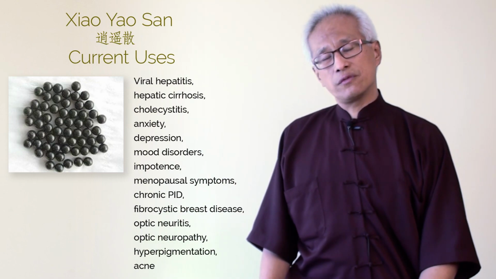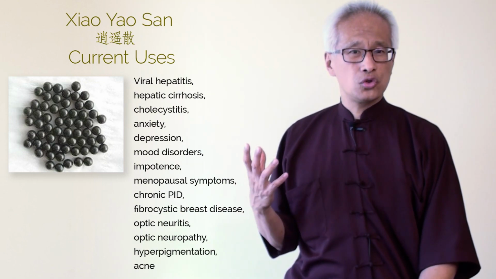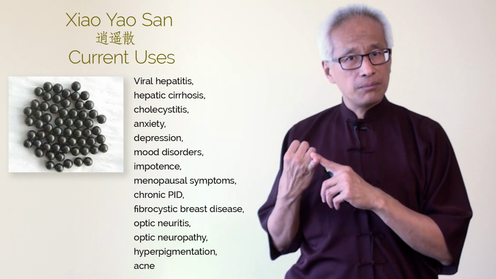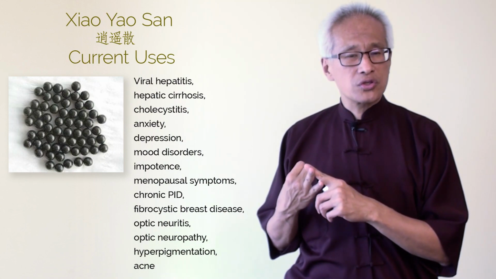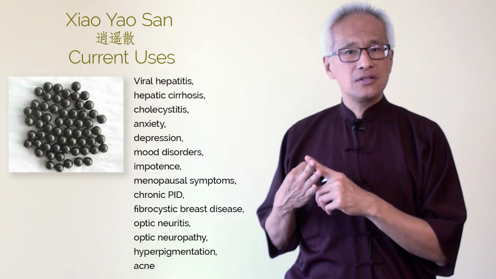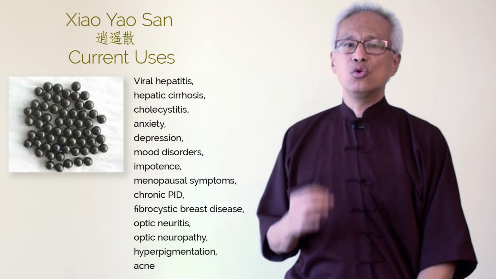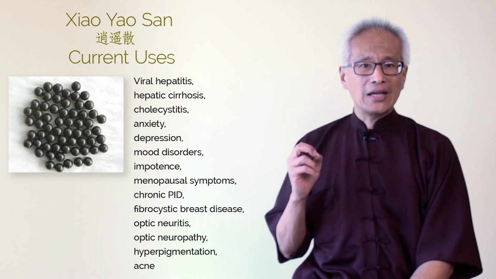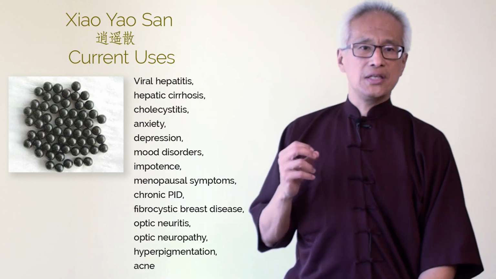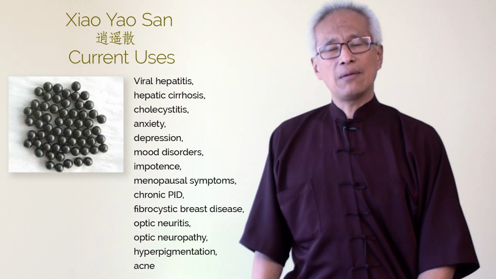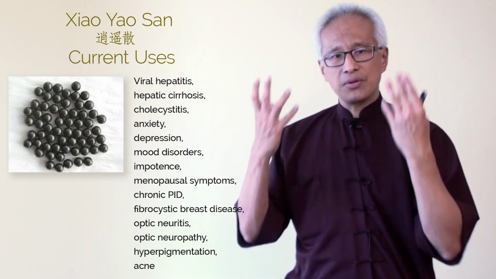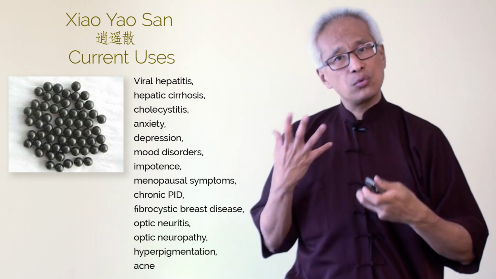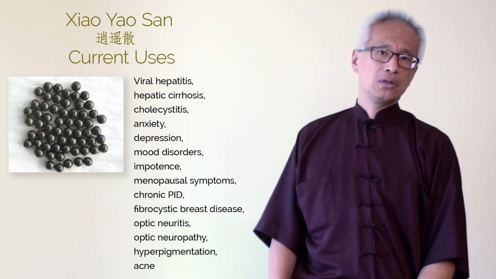Oh my God, it can be used for so many different things. And if you look at research of Xiao Yao San, it's been known to be effective and helpful in viral hepatitis, hepatic cirrhosis, cholecystitis, anxiety, depression, mood disorders, impotence, menopausal symptoms, chronic PIDs, fibrocystic breast disease, optic neuritis, optic neuropathy, hyperpigmentation, acne, etc. So there's a lot of research on the current use of Xiao Yao San.